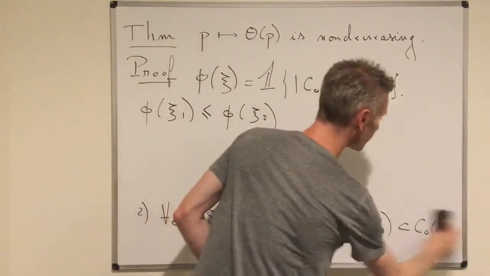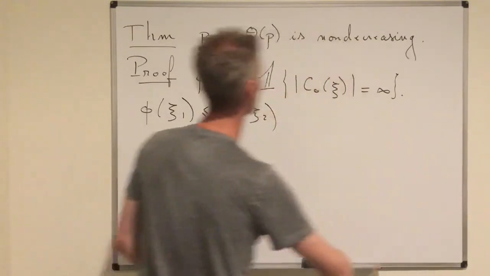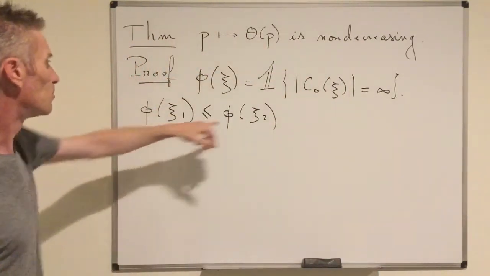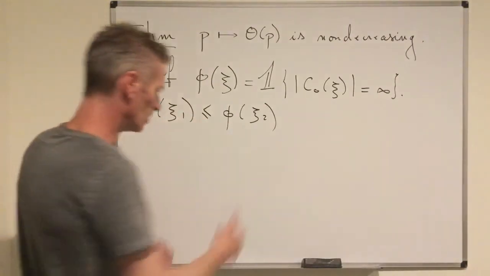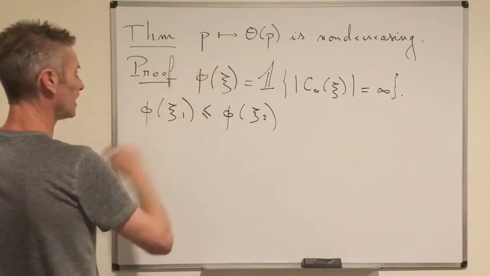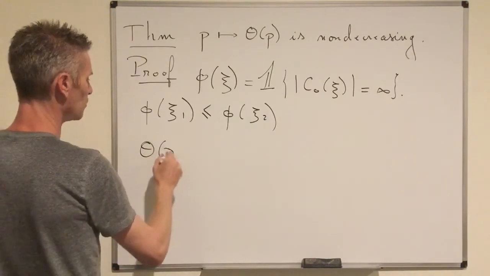Now, how can we make the connection between this inequality here and the theta of p1 and theta of p2? Well, that's simple, that just by taking the expected value in this expression. So let me be more specific. Remember that again p1 is less than p2. We start with theta of p1.